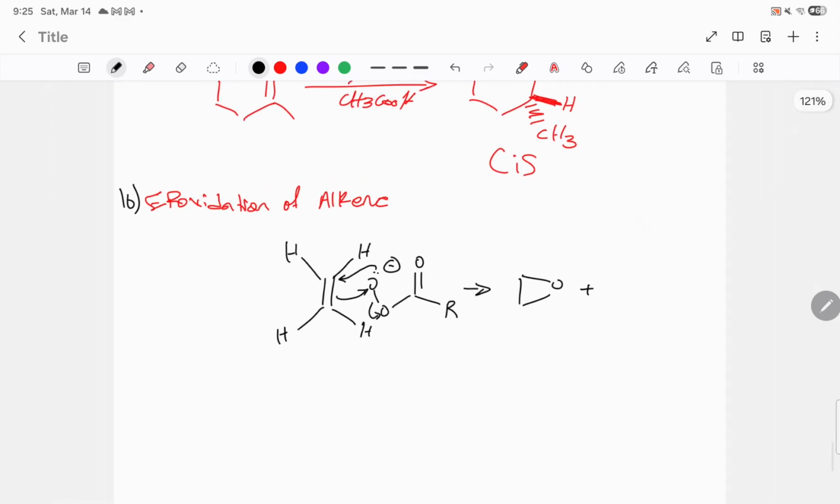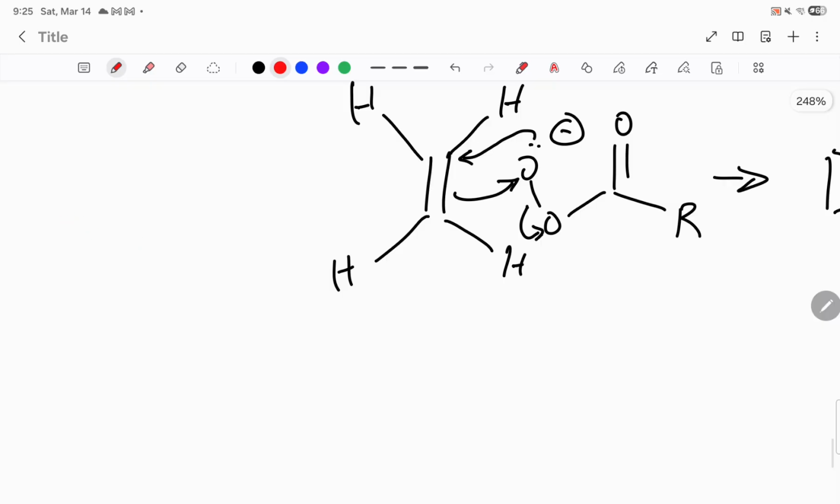Now, I do want to show you how this gets deprotonated, okay? So the way this gets deprotonated is like this. R, and I can show it to you like this. HOO, R. How does it get deprotonated? Okay, so first things first, this comes here, okay?